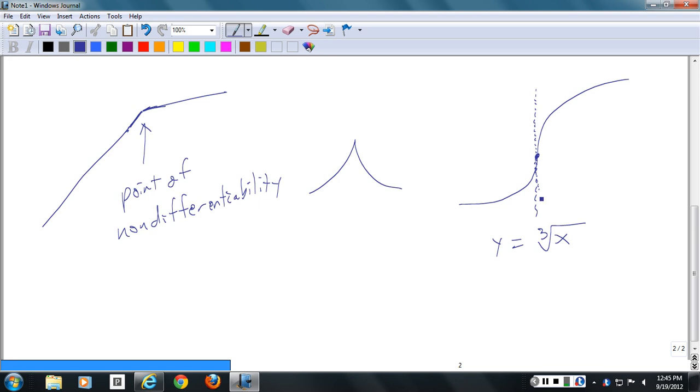And if the slope is undefined, then the derivative is undefined, because the derivative is the slope of the tangent line. So that's another situation where it's a point of non-differentiability.